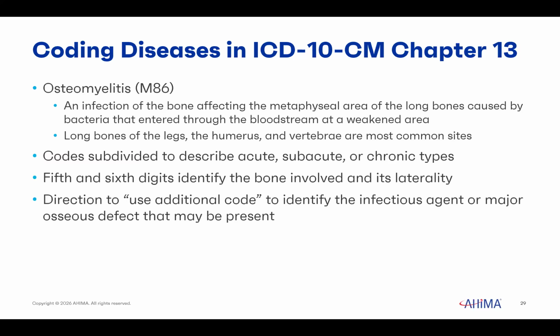And the codes are subdivided whether they're acute, subacute, and chronic. There are fifth and sixth digits that identify the bone that's involved and its laterality. And this is one area where you'll see yet again use additional code to identify the infectious agent, since osteomyelitis is, after all, based on an infection.